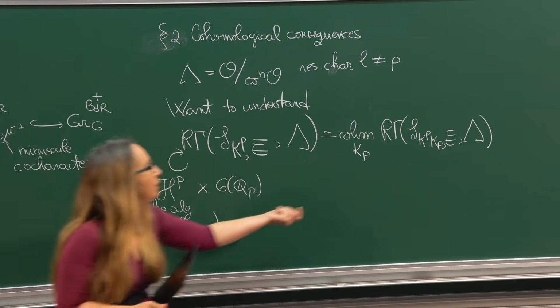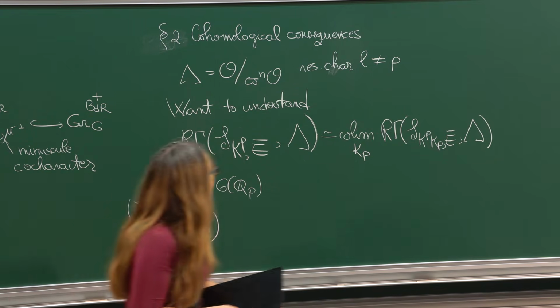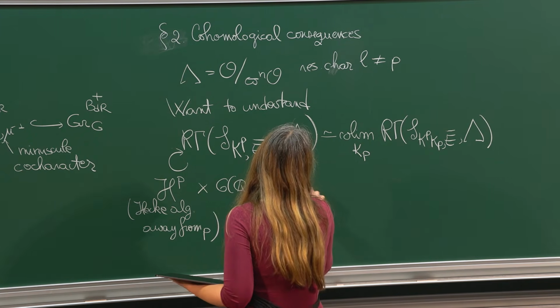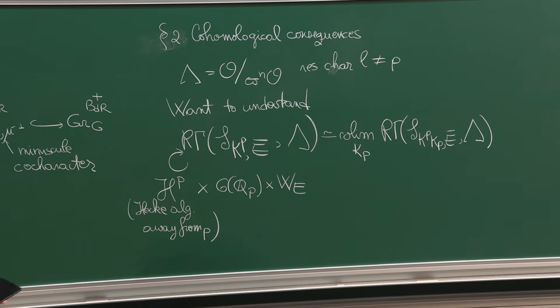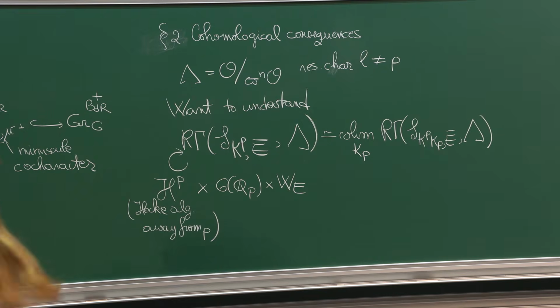You can recover any finite level by taking invariants under the corresponding compact open subgroup. And it also has an action of the Weil group of E. And ideally, we would want to understand this cohomology with all its structures in terms of this diagram.